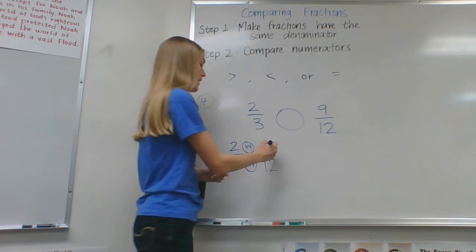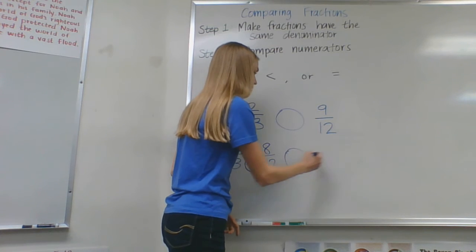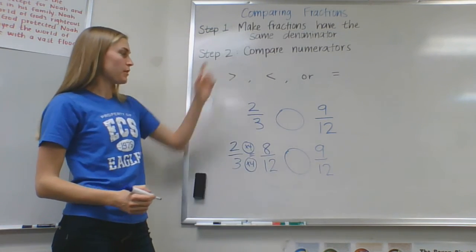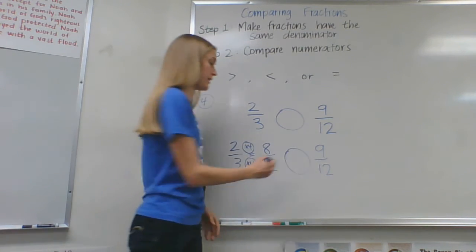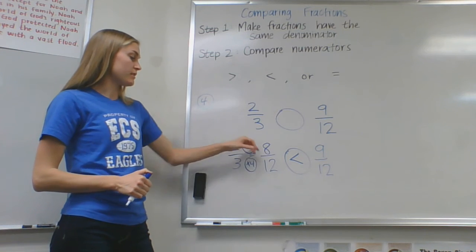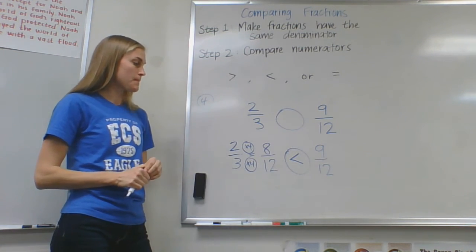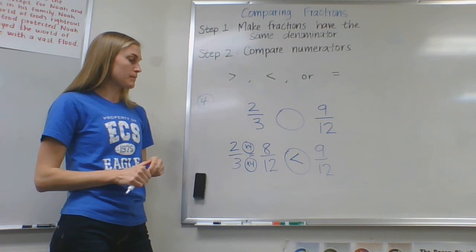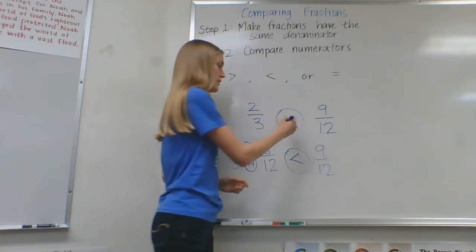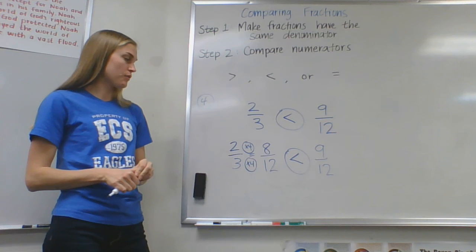And 2 times 4 is 8. So now I'm comparing 8/12 to 9/12. It says compare the numerators. 8 is less than 9, and so that means 8/12 is less than 9/12. And so that means 2/3 is less than 9/12 because 2/3 equals 8/12.